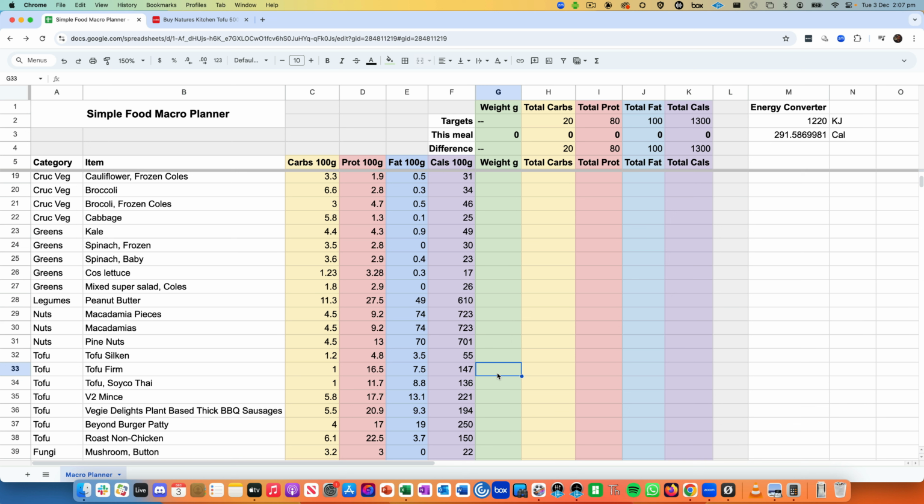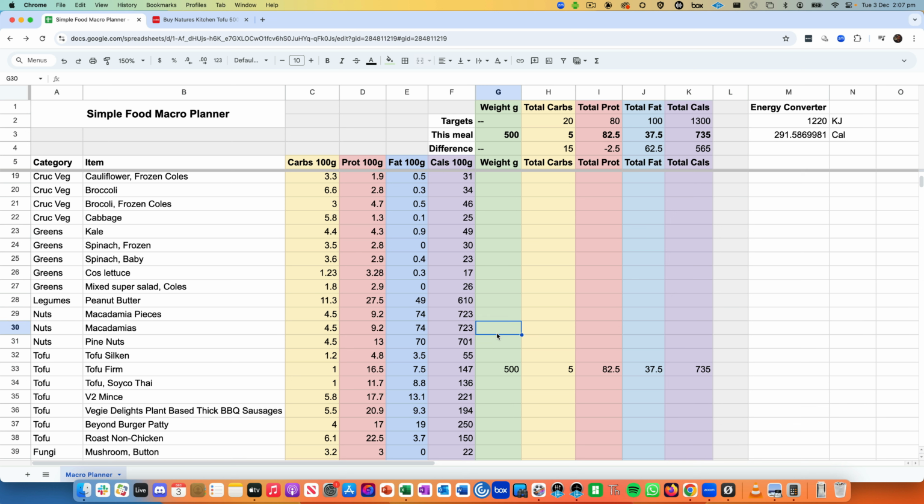So with this tofu, let's say 500 grams, which sounds like a lot, but actually so much of that tofu is water weight. When you cook it, that weight goes down by quite a bit. With this tofu at 500 grams, it's already started to add to these values up the top.